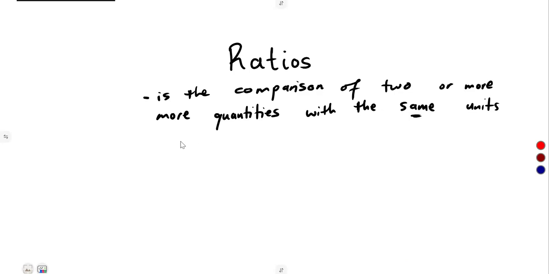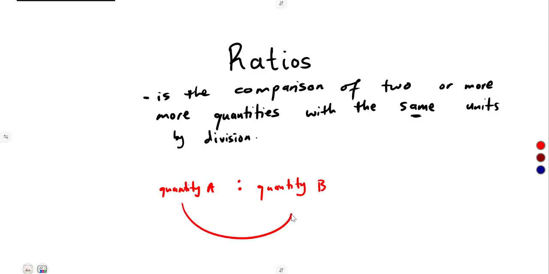All right, by what? By division. So let's say we are just comparing two quantities, e.g., quantity A as to quantity B. All right, this will be the ratio in terms of the quantities.